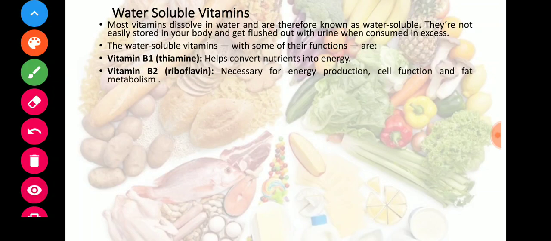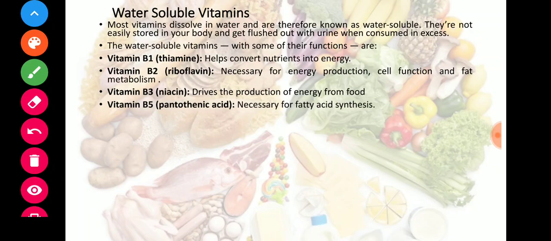The second one is vitamin B2, riboflavin, necessary for energy production, cell function and fat metabolism. Vitamin B3, niacin, drives the production of energy from food. Vitamin B5, pantothenic acid, necessary for fatty acid synthesis.